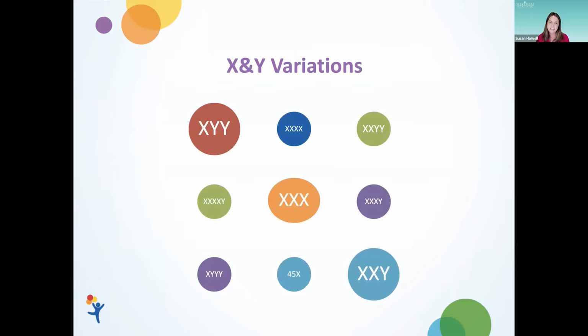And collectively, if you imagine that in this picture the size of the symbols really represents how common these conditions are, we see the trisomies in the center that are much more common than the tetrasomies, but there are a lot of different variations that we can see in the population of the X and the Y chromosomes.